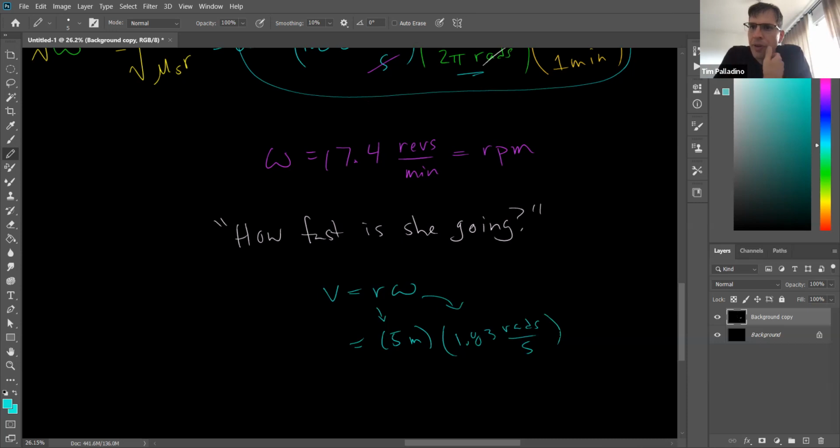Is there anything I can clarify with this problem? Does anyone have any other questions, follow-up questions for this? Anything I can clarify?